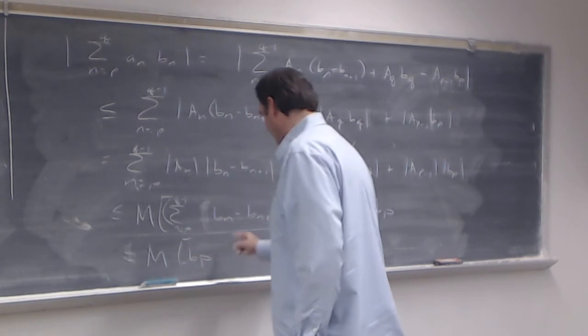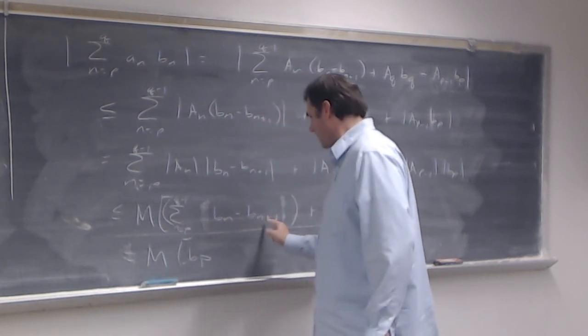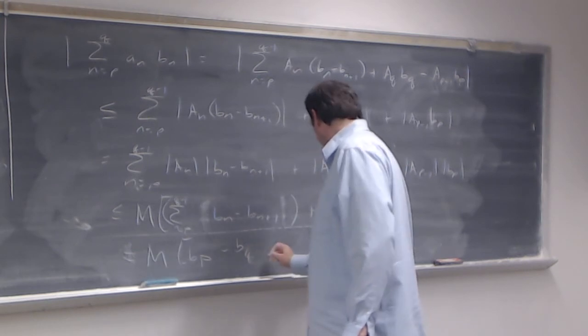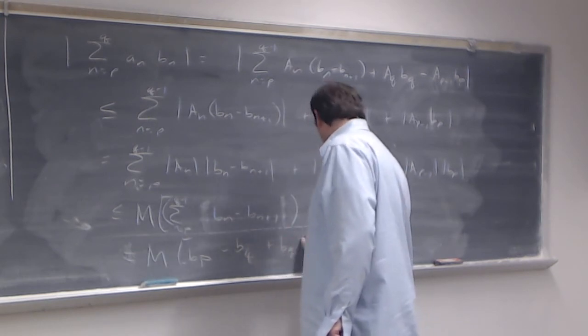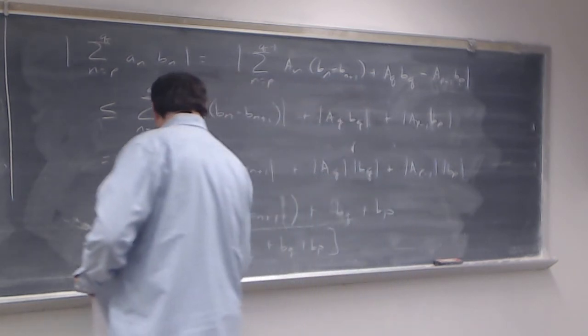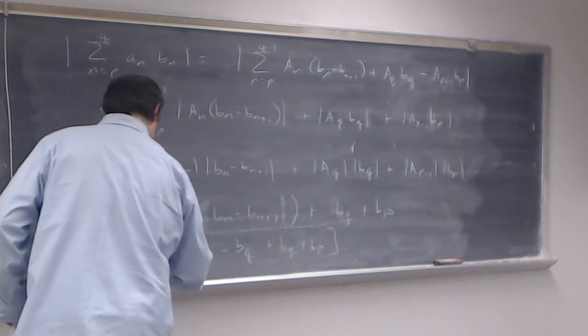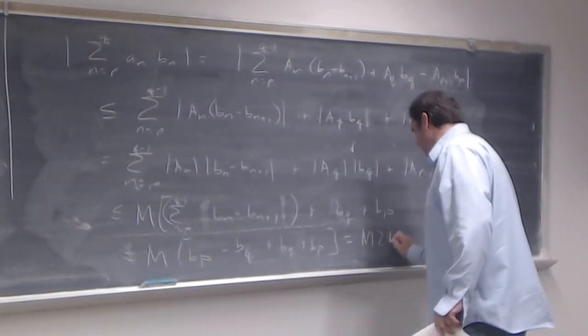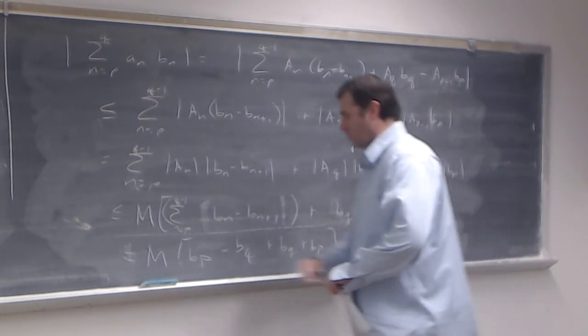This is really describing the first term, and then the last term here is minus b sub q. And then plus b sub q plus b sub p. So these two are going to cancel each other out, so we're going to be left with m times 2b sub p.